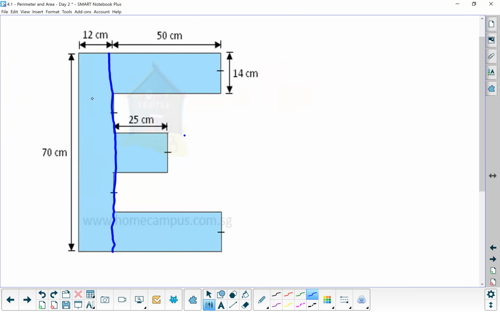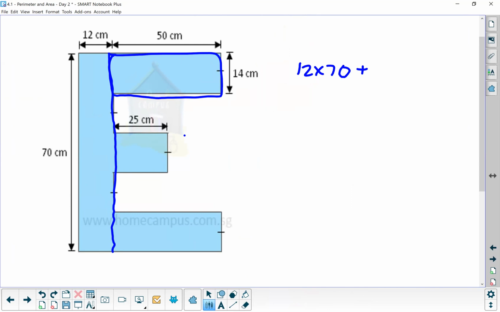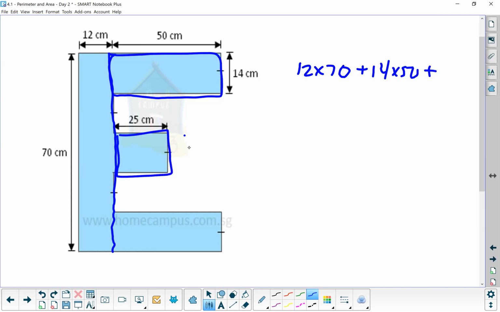That side edge is 12 by 70. This part, the top of the E, is 14 times 50. Little part of the E, I got that line there that tells us that's 14 centimeters. So that is going to be 14 times 25. And then this one is another, just like the very top one, 14 times 50.